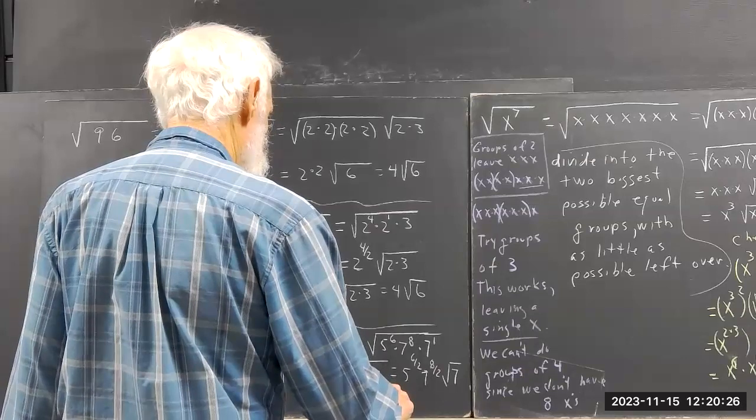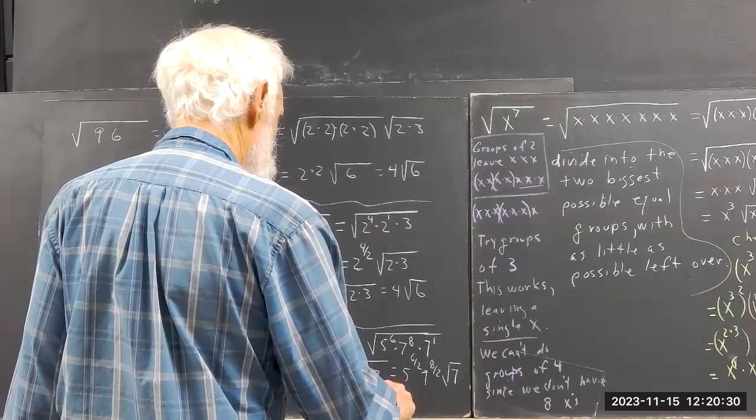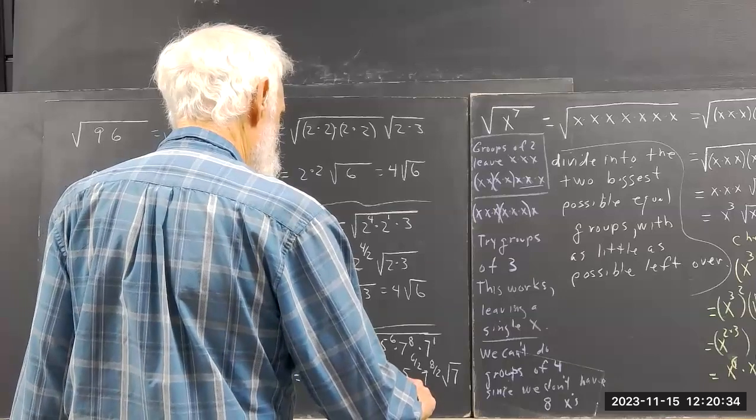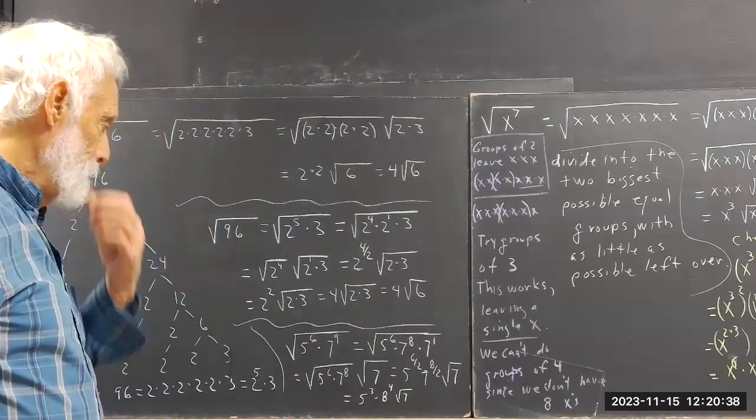Giving us 5 to the 3rd times 7 to the 4th times the square root of 7.